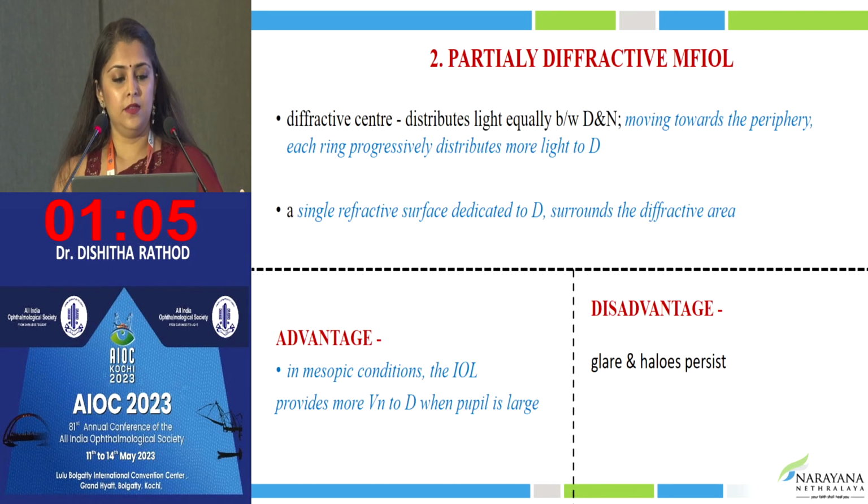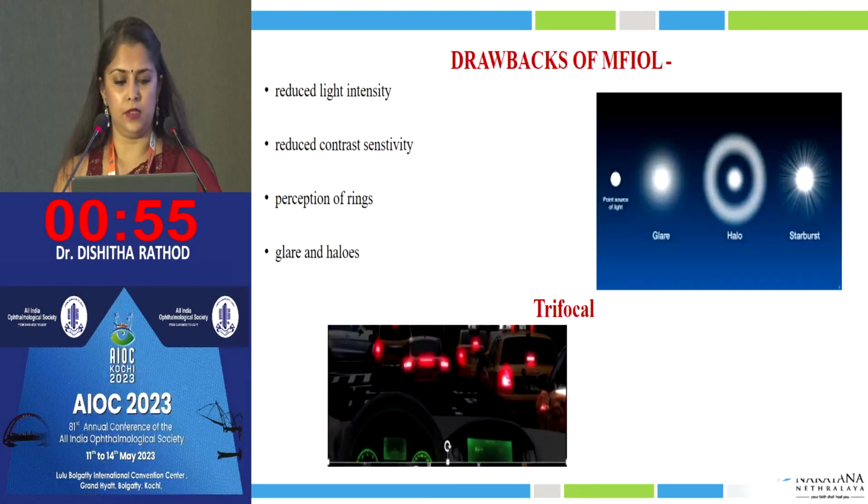There are other multifocal IOLs which are partially diffractive. The advantage of these is that in mesopic conditions they do fairly well, but the disadvantage, of course, is the glare and halos.